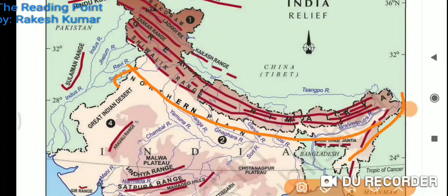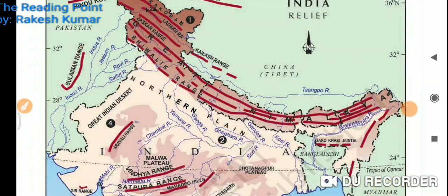The width of the northern plain decreases towards the east. When we go from west to east, the width slightly decreases.